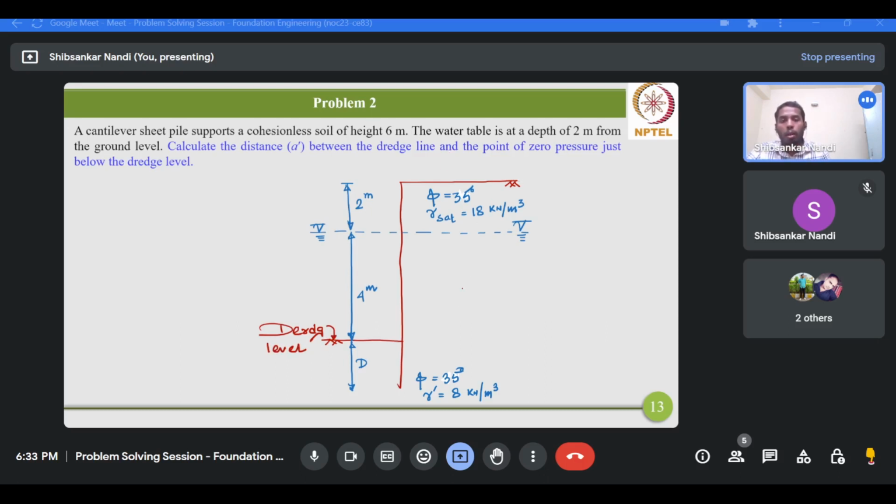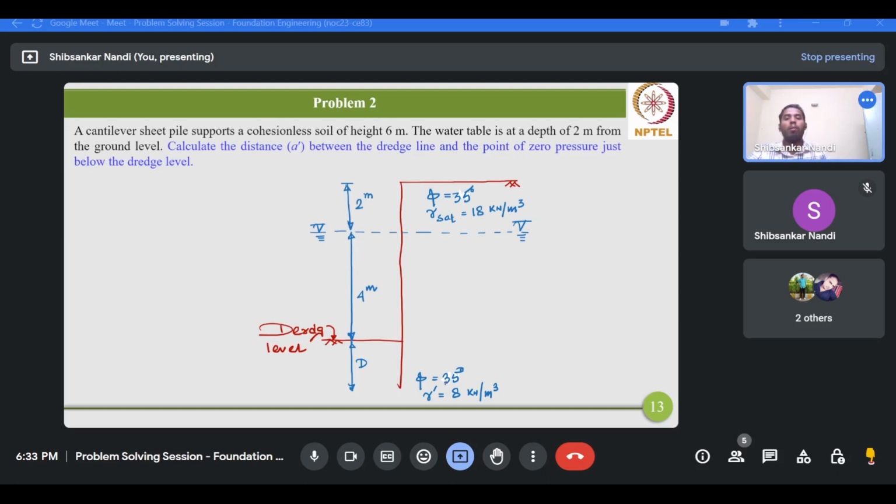So these are the properties of the cohesionless soil: above the water table the friction angle is 35 degree and the saturated unit weight is 18 kilonewton per meter cube, whereas below the water table obviously the submerged unit weight will come into picture, and the submerged unit weight is 8 kilonewton per meter cube. It's directly given to us.